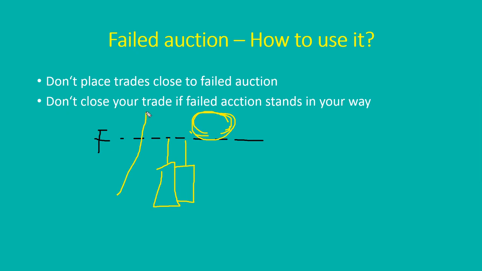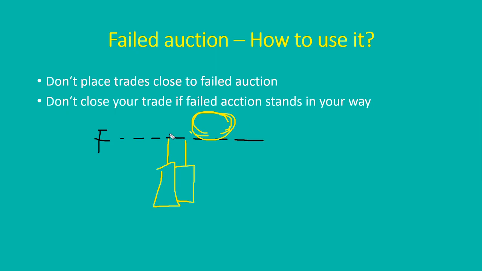If there was a strong rejection, then it would be a completely different case. Then it would be risky to push the price close to the rejection, because this would be a sign of strong sellers. But if the auction fails, then the big guys, the big financial institutions, are almost certain that there will still be somebody to trade above the failed auction.